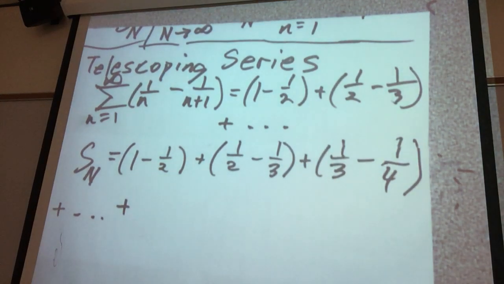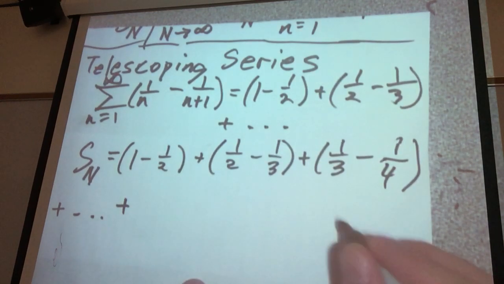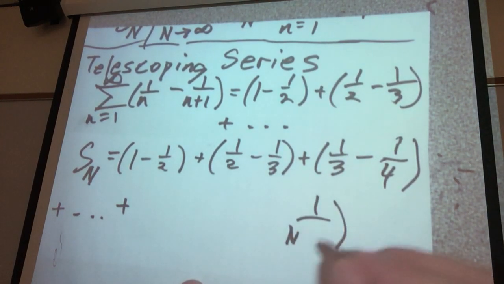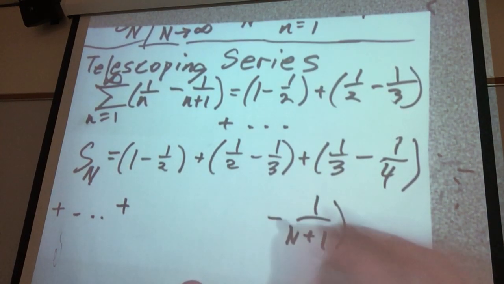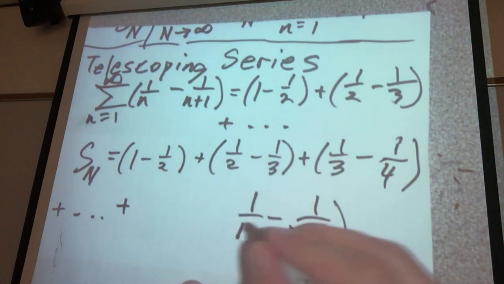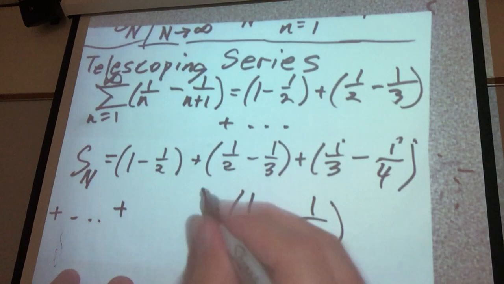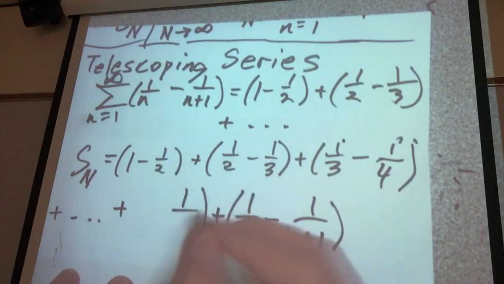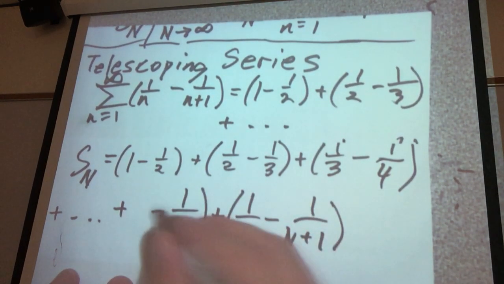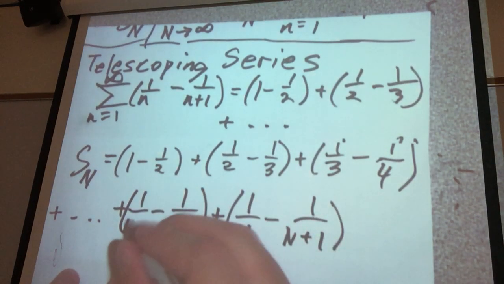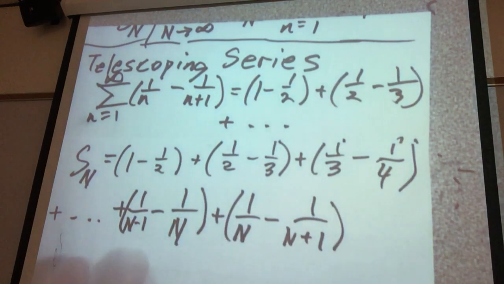Whenever I do this, I always start at the end and work backwards. So 1 divided by capital N plus 1, and 1 divided by capital N, and then plus 1 divided by capital N, and then minus 1 divided by capital N minus 1.